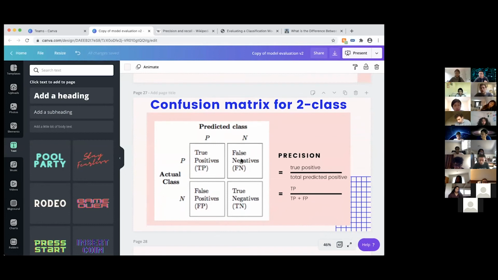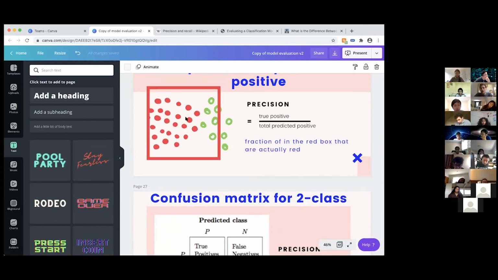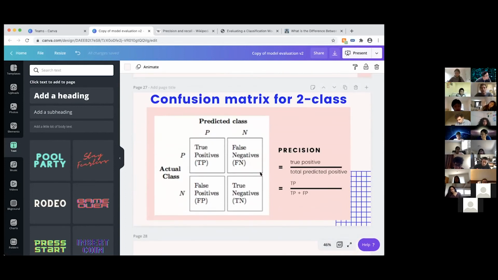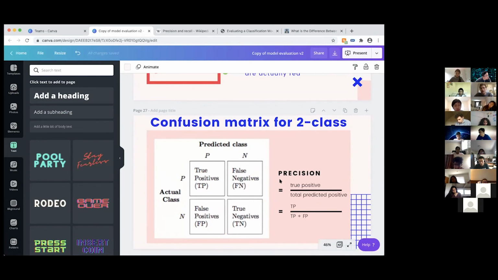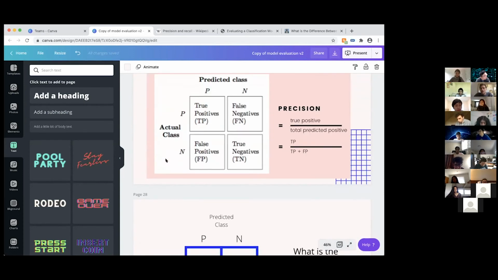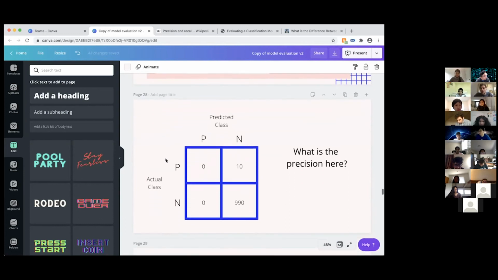For precision, that would be the number of true positives, these red dots inside of the red box, over the total predicted positive, so everything inside the box. It's just these red dots over the number of dots inside of the box. So let's go back to this example.